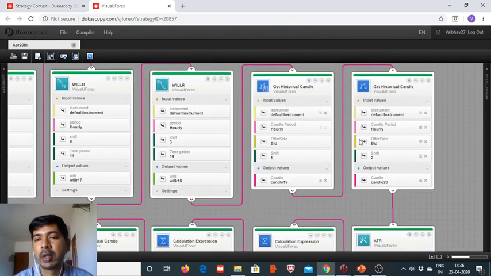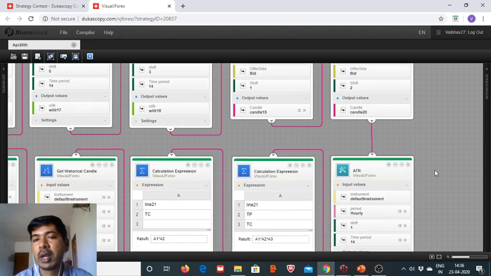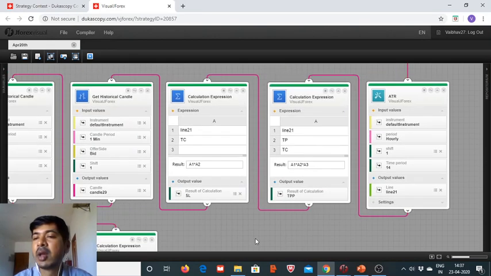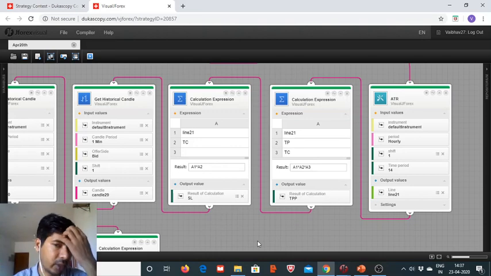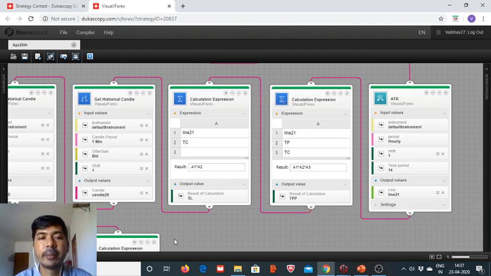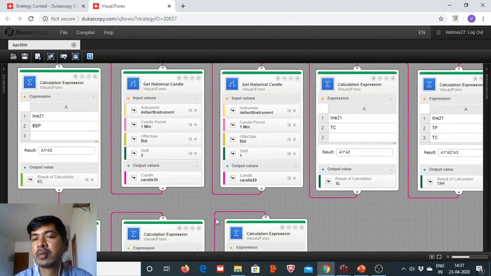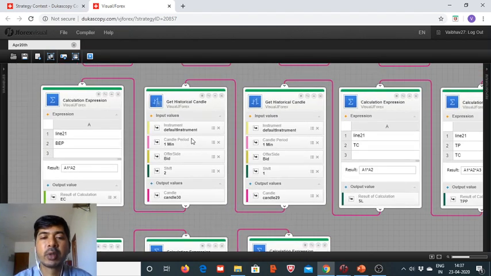Then we have the historical candle, as I explained to you just now, and how we are going to utilize the historical candles. And ATR is going to help us define the entry and the exit point. Then we are doing these calculations for determining the stop loss and target price. Then we have this trigger for entry, both for the buy and the sell side.